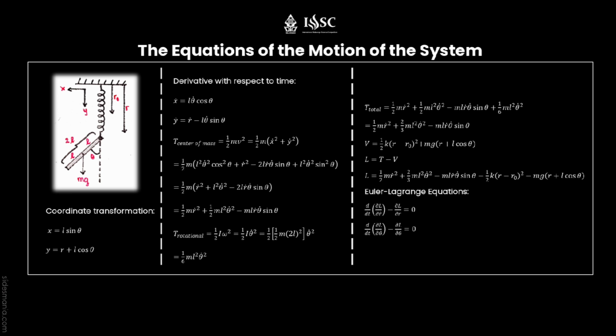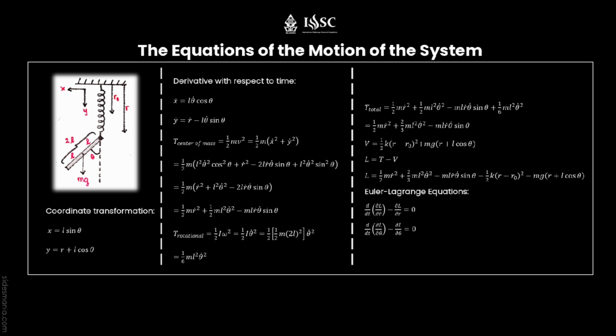Next, we find the total kinetic energy by first finding the kinetic energy of the center of mass and the rotational kinetic energy. For the center of mass, T equals 1/2 mv squared equals 1/2 m x dot squared plus 1/2 m y dot squared.